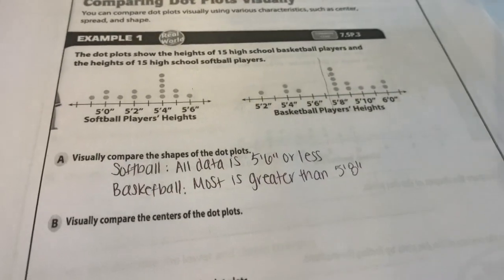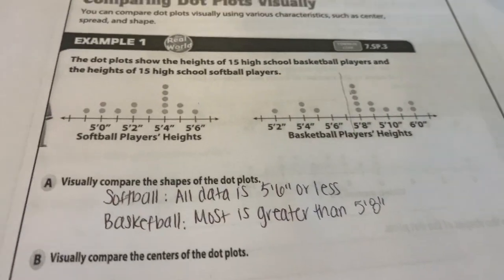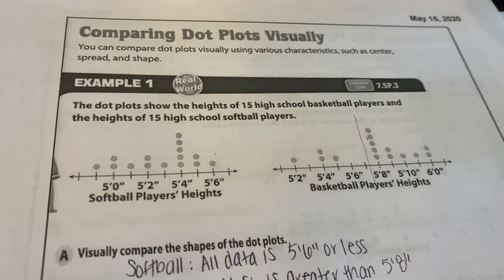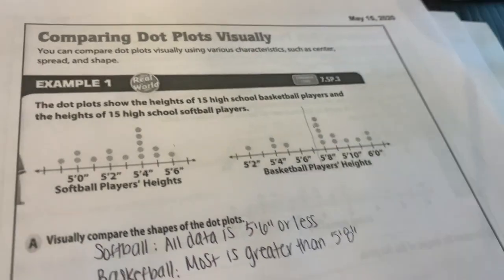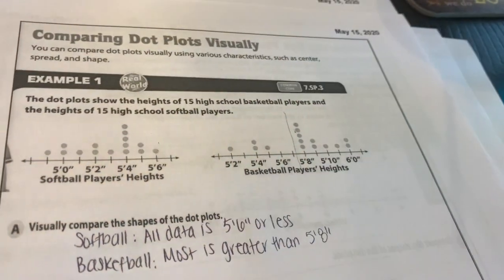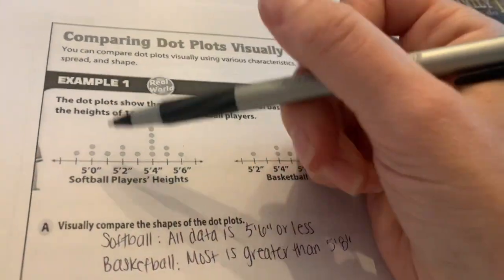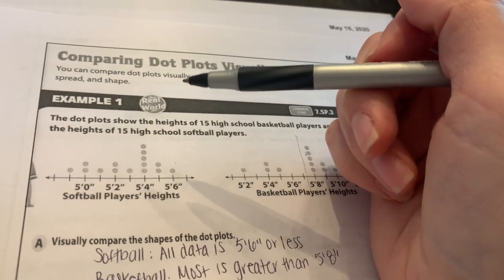Okay. Visually compare the centers. So now let's talk about the center. For the softball players, if we're going to actually find the center, we would be crossing off, going to the end. If we want to talk about what we're seeing visually, it seems like most of the players are 5'4", so they're probably around there.